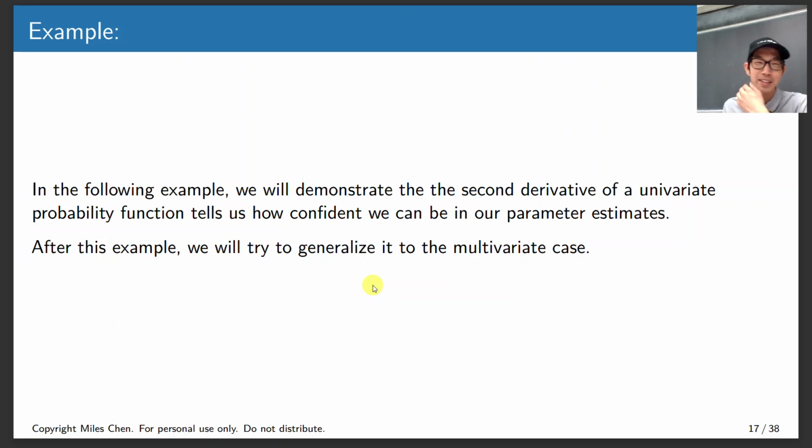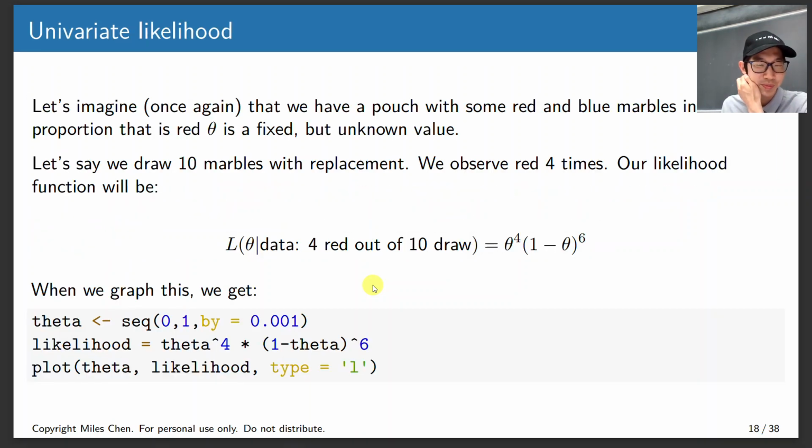Okay, all right. So let's say I have a pouch, and imagine I've got marbles in here. Some are red and some are blue, and we're trying to guess what proportion of the marbles in here are red.